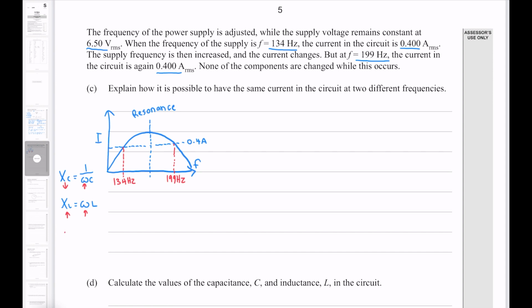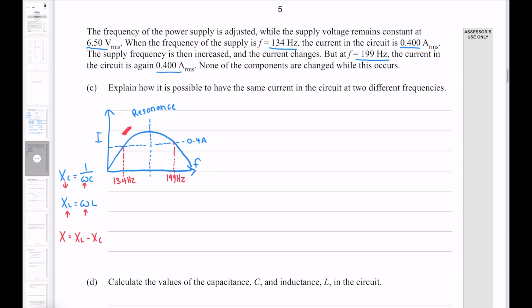And because our total reactance is XL minus XC, we have one side where the capacitor reactance dominates, but as frequency increases, it decreases and XL increases to the point where they are equal, at which point we have no total reactance at all, and then the reactance of our inductor dominates, and our total reactance increases, leading to a reduction in current. So let's see if I can word that.